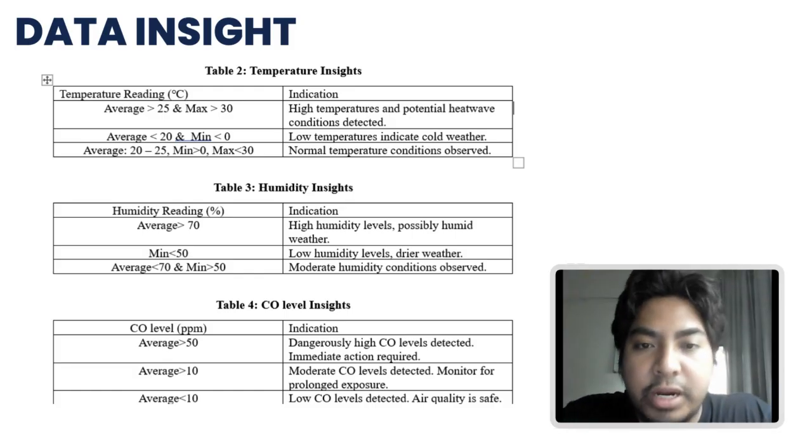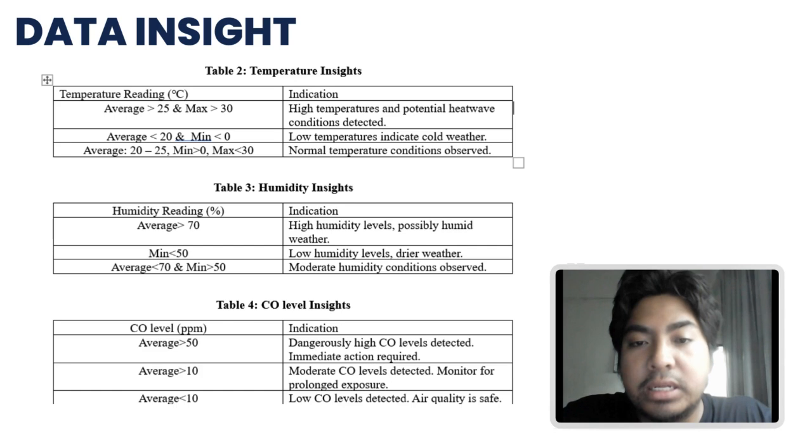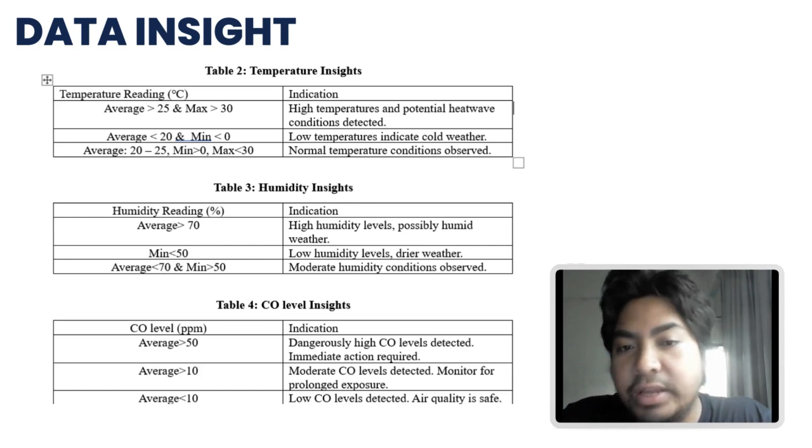Okay, so for the data insight, we set certain conditions: when the reading of the sensor reaches a certain value or certain specific rules, we also calculate some data analysis to show what it indicates. As you can see, these are all the rules for the temperature, humidity, and CO level insights.